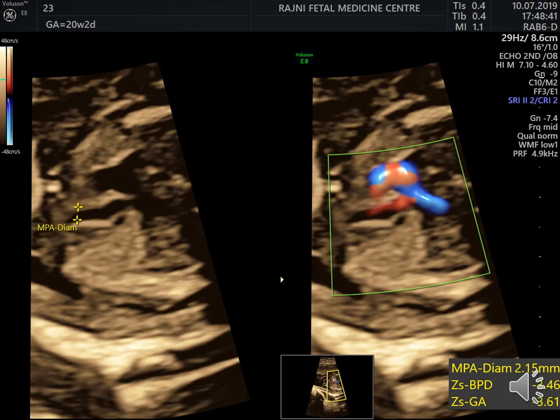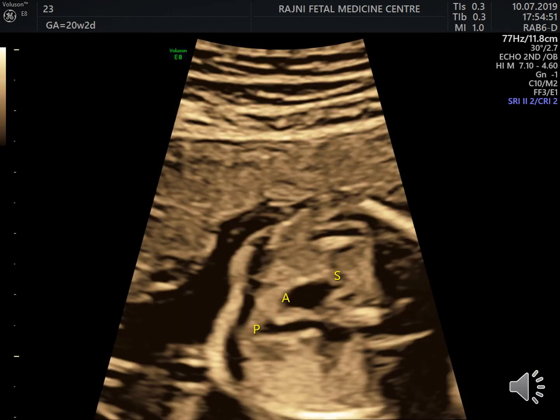When you move to the right outflow tract, you will identify the pulmonary artery which is smaller as compared to the aorta. Normally, the pulmonary artery is the largest vessel of the three, and when you come to the three vessel view, you notice a small pulmonary artery, large aorta, and normal superior vena cava.